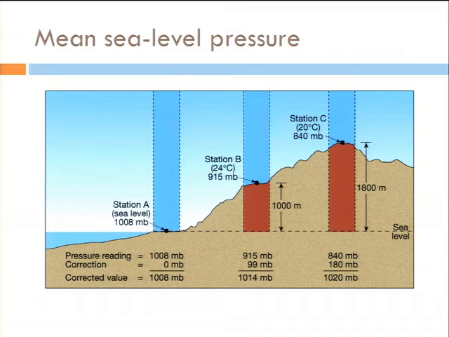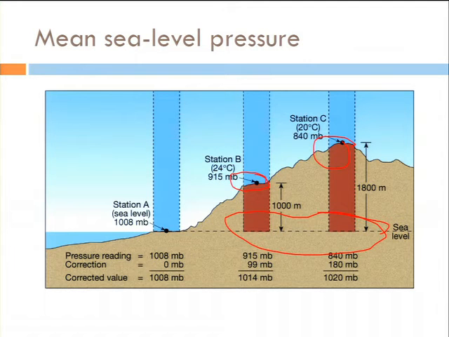So when we want to compare pressures, we need to compare pressures at the same elevation at every point. So when we run into a situation where we have a mountain and the pressure is lower because we're higher up, we actually have to correct that pressure. And we correct that pressure by doing something that we call reducing it to sea level.